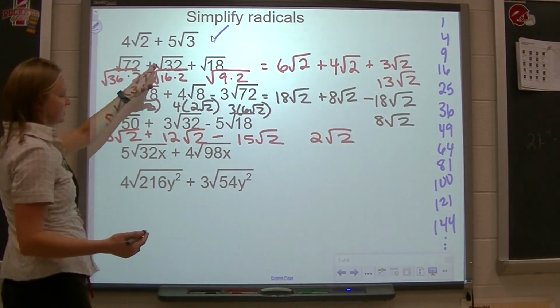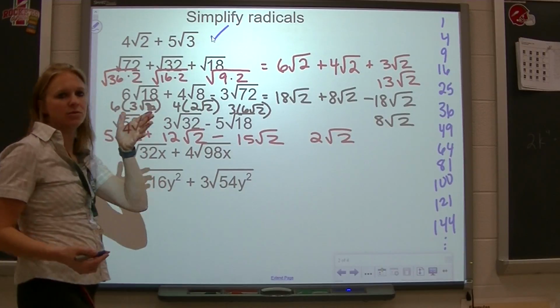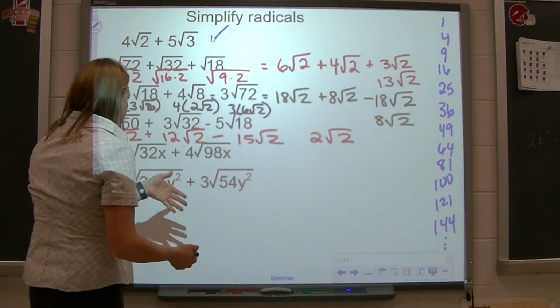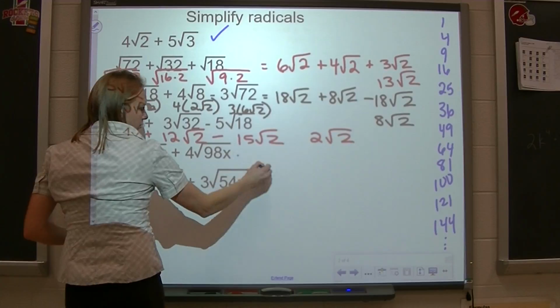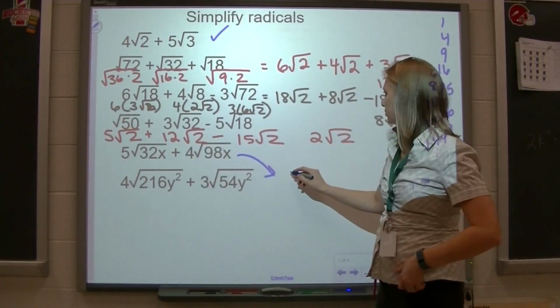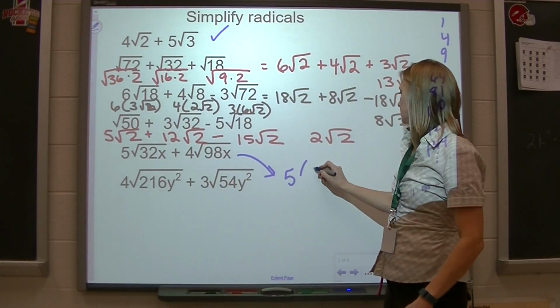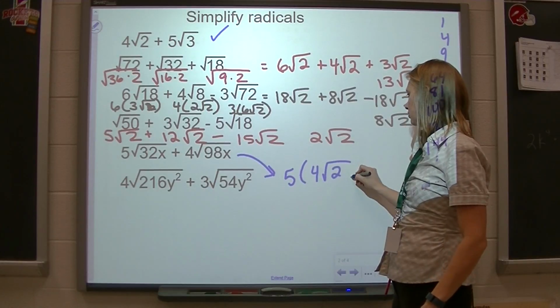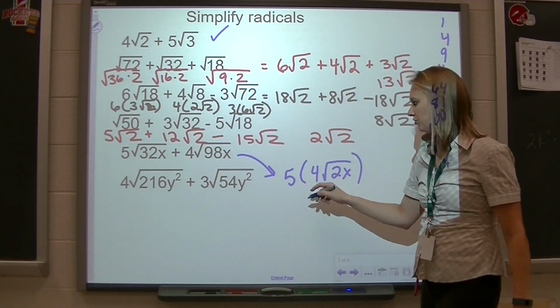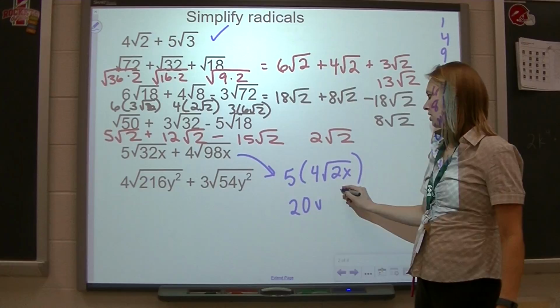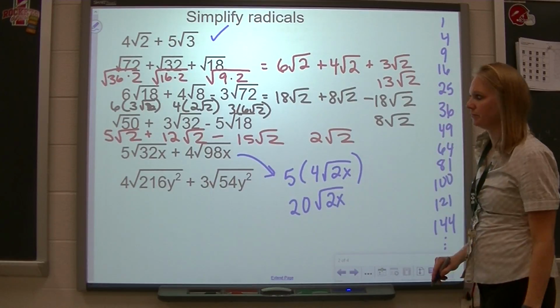The only difference is this is 32x. We can't take the square root of x, it just stays as the square root of x. So really this is going to be 5 times 4 square root of 2x, which simplifies to 20 square root of 2x.